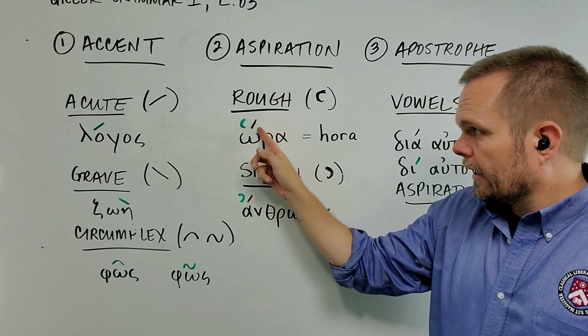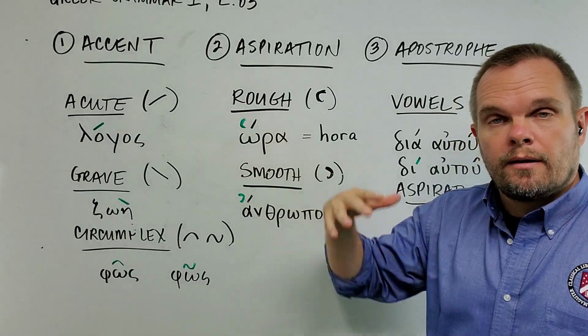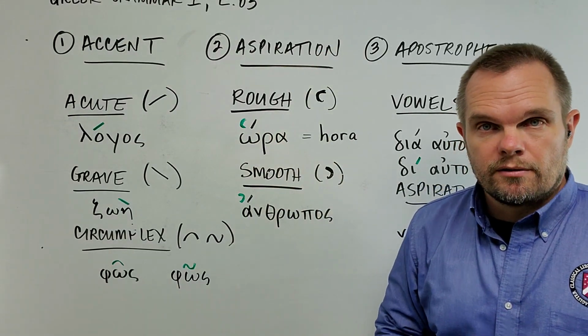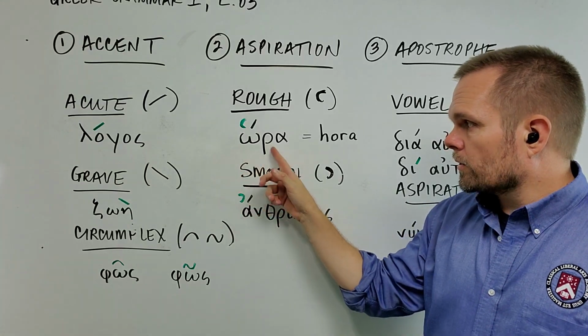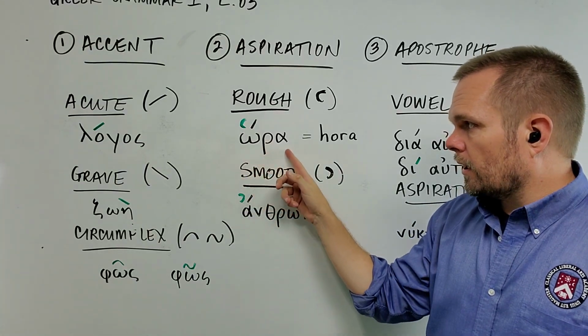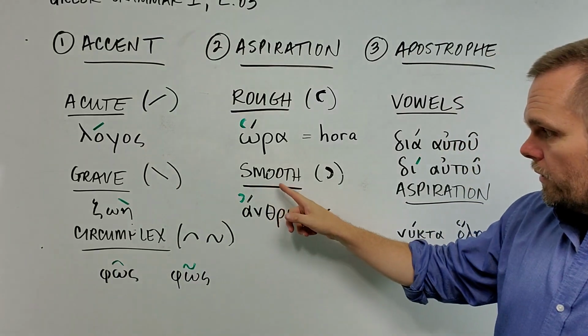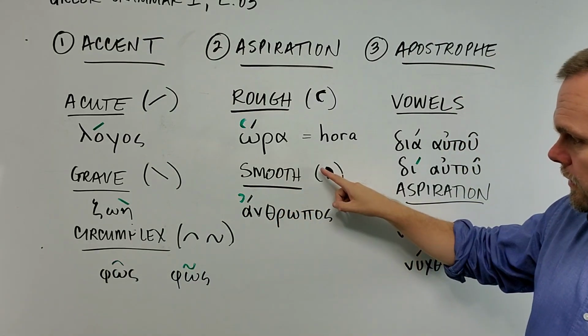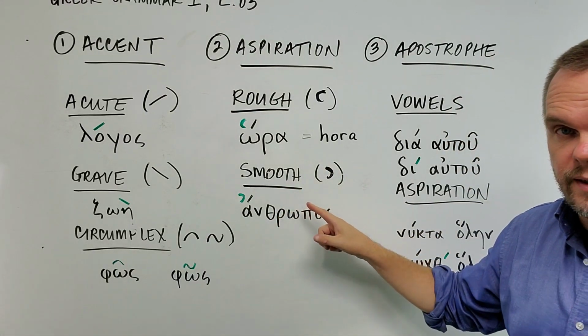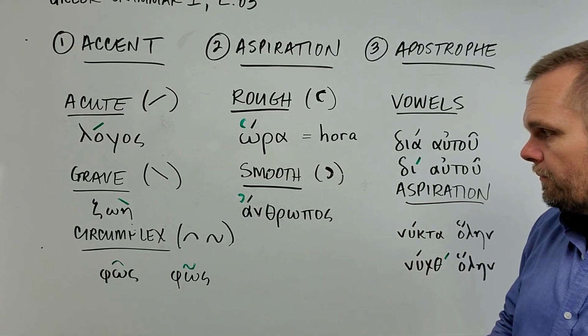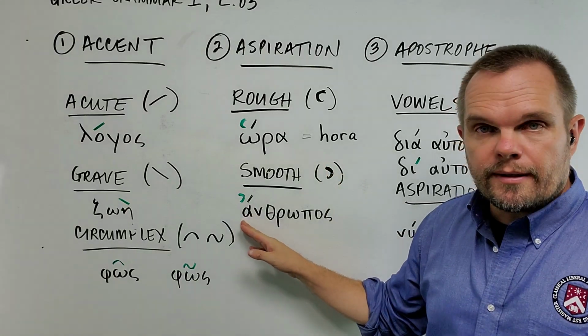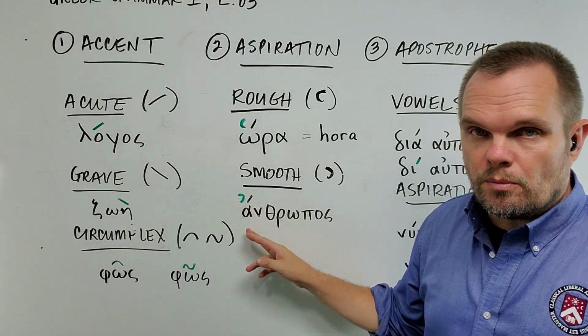And the acute accent tells us to raise the pitch on the first syllable. With a smooth breathing mark, it's a backwards C, and we simply read this as we would if there was no mark.